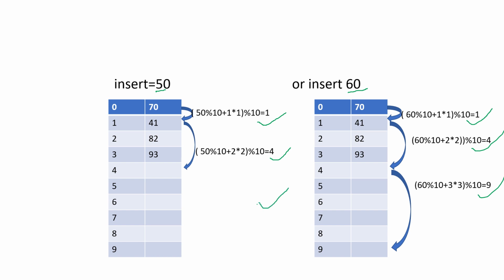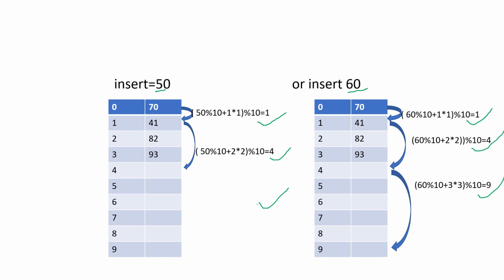Because of that, if a collision occurs and two elements have the same starting index, you will get the same probe sequence, that is 1, 4, 9. Here also you will get 1, 4, 9, then next 16, next 25, like that, the same probe sequence.